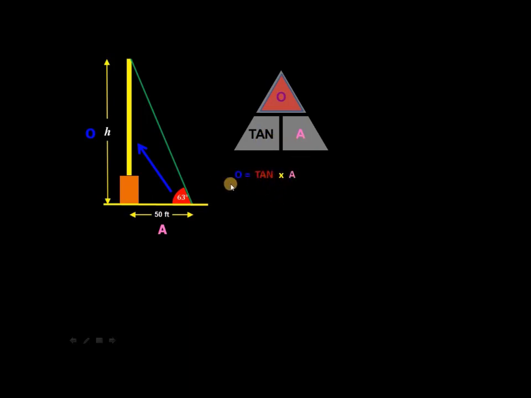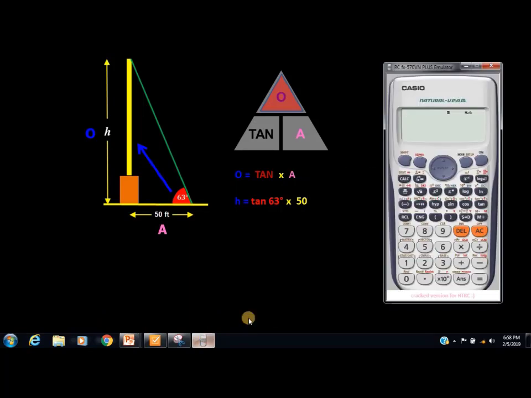We now put the numbers in. The angle is 63, that will go with tan, and the adjacent is 50, that will go with A. So we get the height is tan 63 multiplied by 50. We now use a calculator to do this. So, tan 63, remember to close the bracket, multiply by 50 equals.